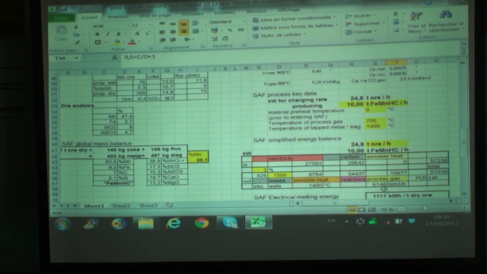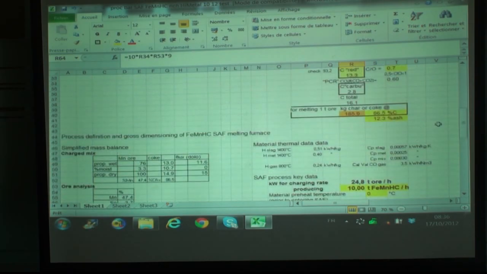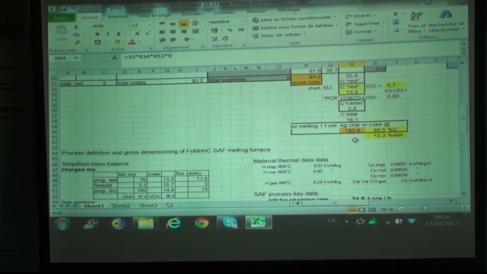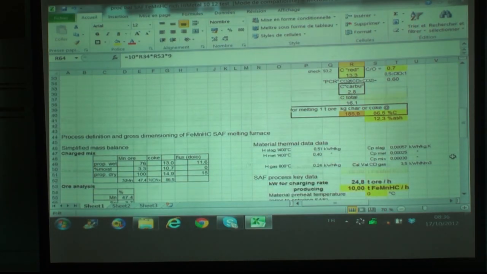This is more complex now. It's not correct. You see, this is a big change. But what you did not see is that this also changes, because if you change the PCR, you change the carbon consumption. Yeah, of course. You understand? So it's not so easy to say.